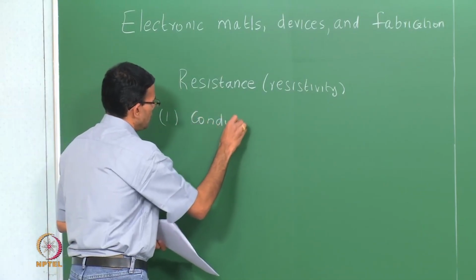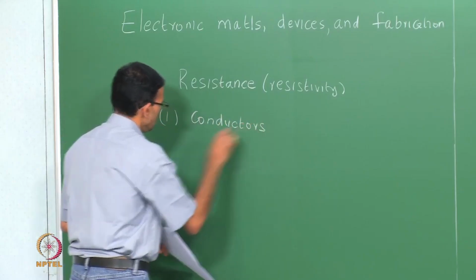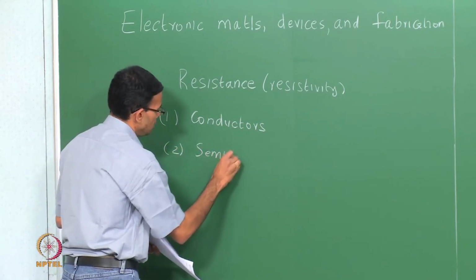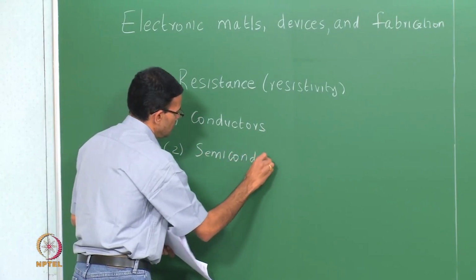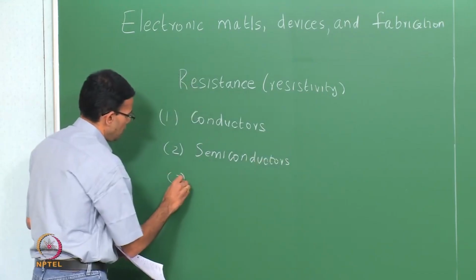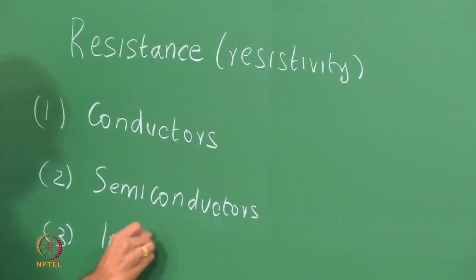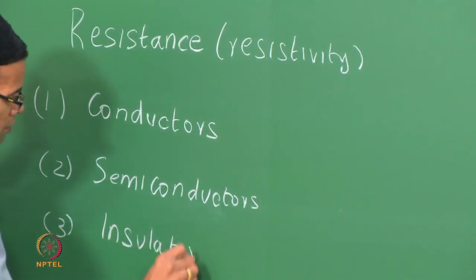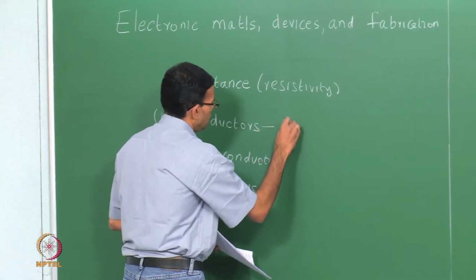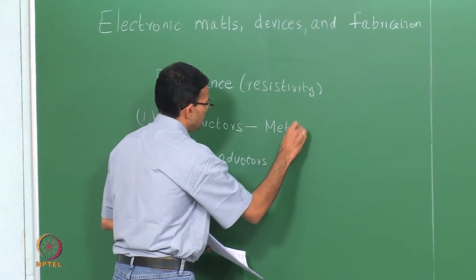The first one is conductors, then you have semiconductors, and then finally you have insulators. Since we will be mostly dealing with metals as conductors, I will also write them as just metals.